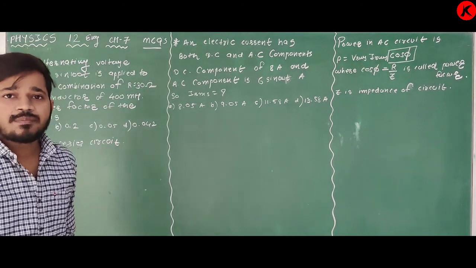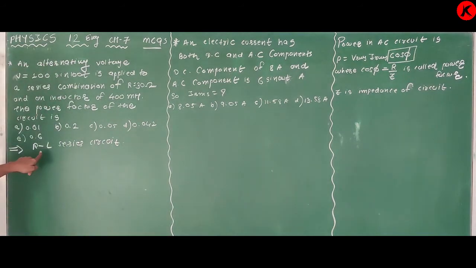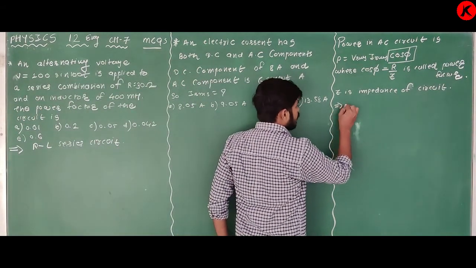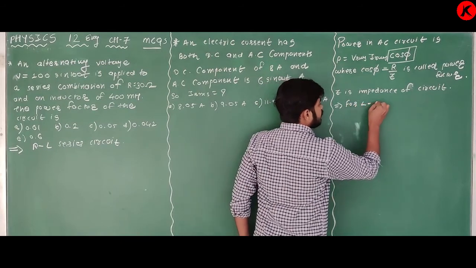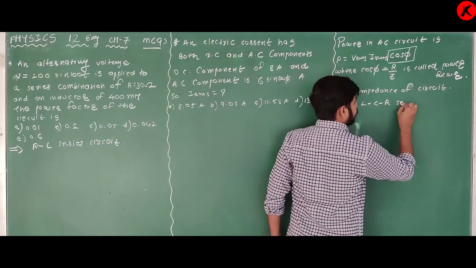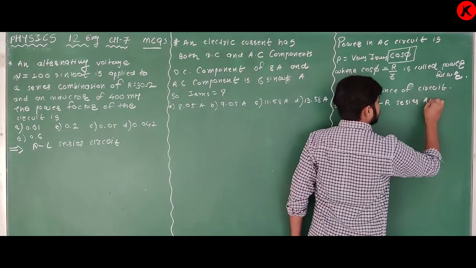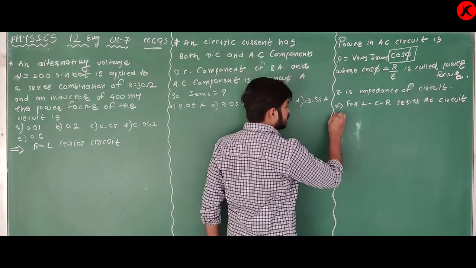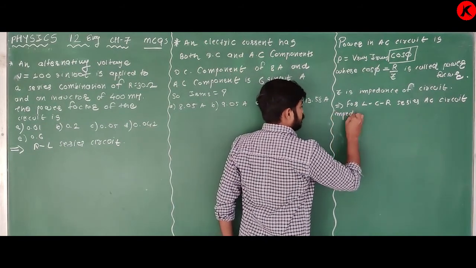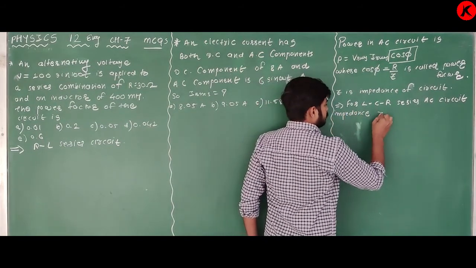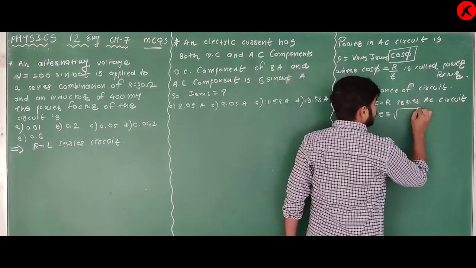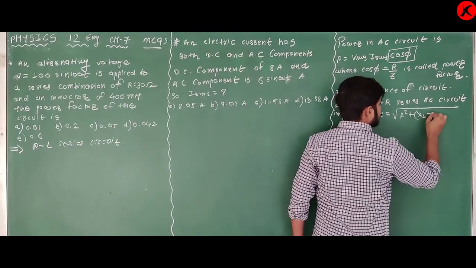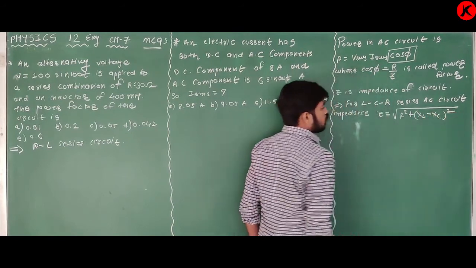Okay, the first step is to find the impedance for the RL series circuit. See, remember from theory. For an LCR series AC circuit, what is impedance? Impedance Z is equal to under root R square plus XL minus XC whole square.